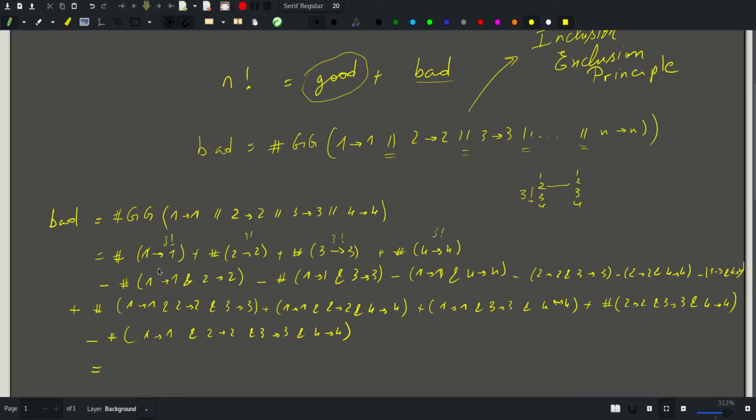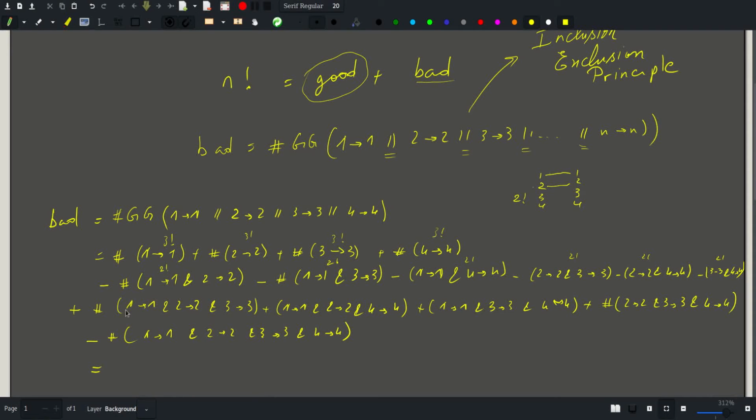So here we are fixing 1 and 2. So for example we say that 1 maps to 1 and 2 maps to 2 and anything can happen to 3 and 4. So here we can permute 3 and 4, and there are 2 factorial ways to do that. So this will be actually equal to 2 factorial, and so will this, and so will this, and so on.